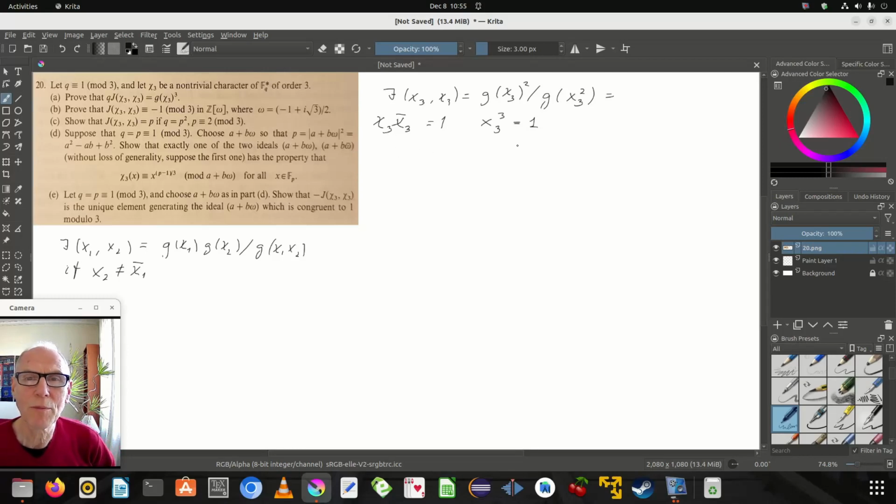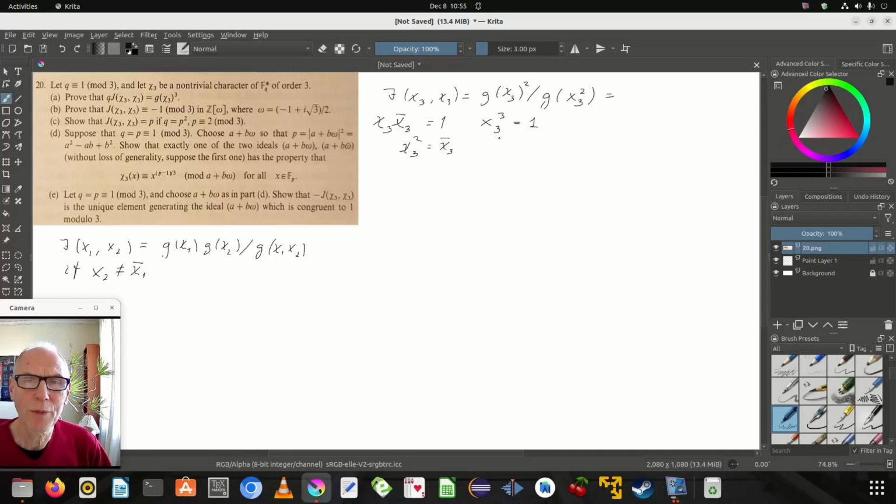I would like from this to prove that chi3 squared equals chi3 bar. Oh, pretty obvious.